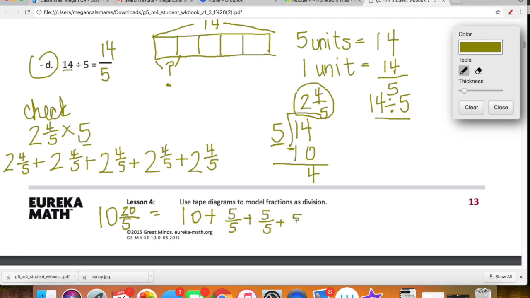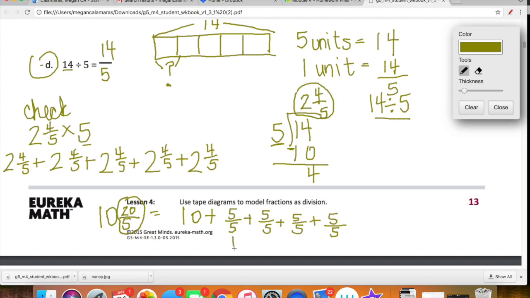So let's do that. So we've just renamed 20 fifths. We're simplifying 10 and 20 fifths because this is a mixed number with a really improper fraction. We've just decomposed 20 fifths into 5 fifths plus 5 fifths plus 5 fifths plus 5 fifths.